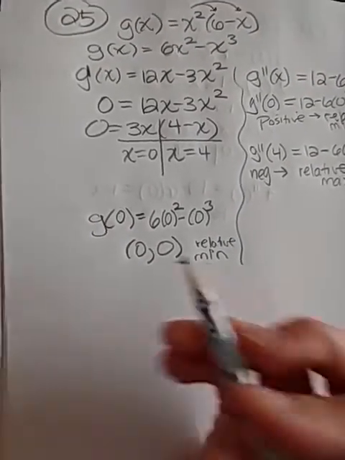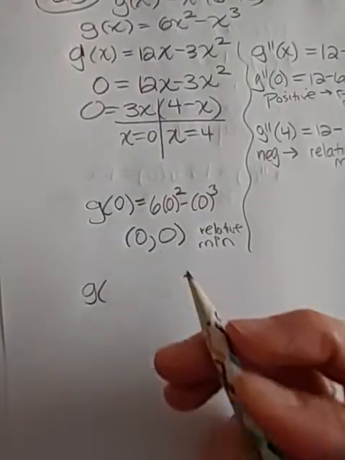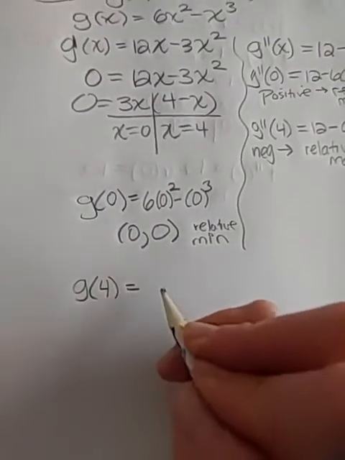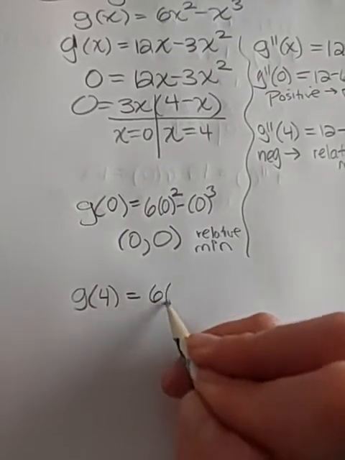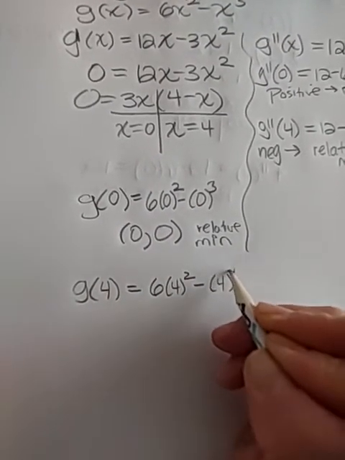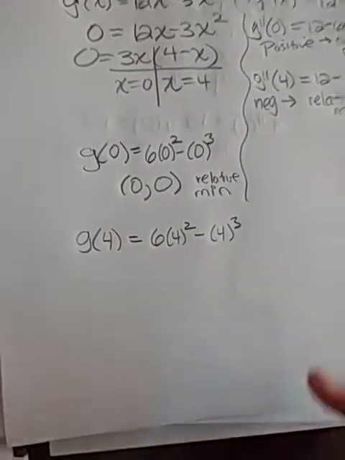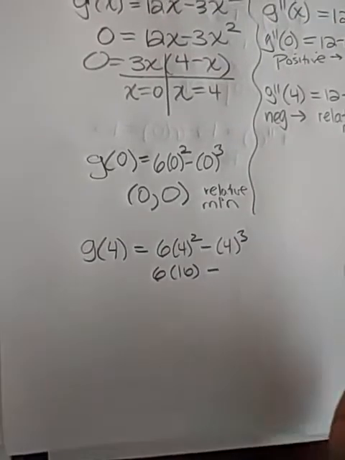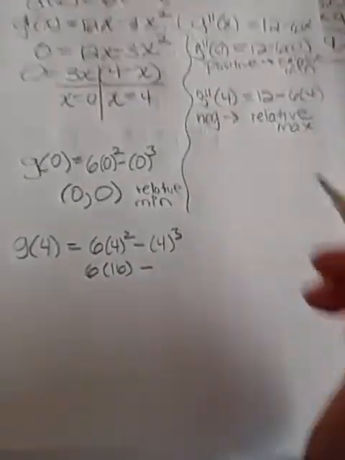All right, now I'm going to plug in 4 into the original function. And when I plug in 4, I get 6 times 16 minus 4 to the third.